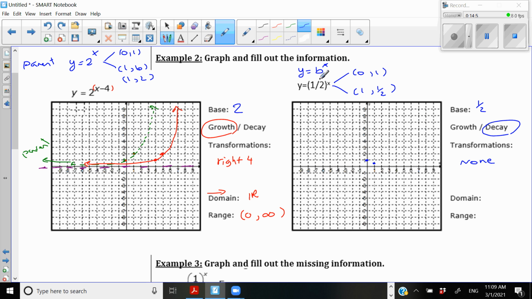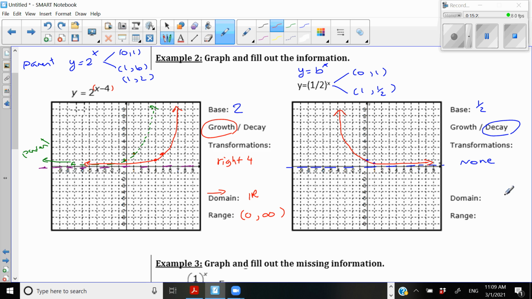And we know that any parent exponential function always has the asymptote at y equal to 0. This is still my asymptote. And the graph is going to be decreasing. So it's something like this. On the right side it gets close to the asymptote, and on the left side it goes up. So as you see, it's decreasing. It's going down from left to the right side. As I check my function, it's going down.